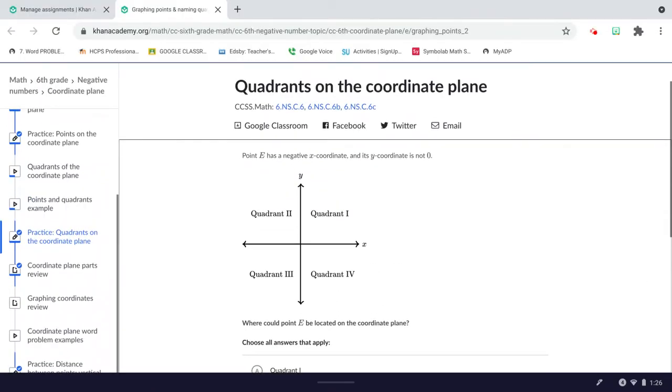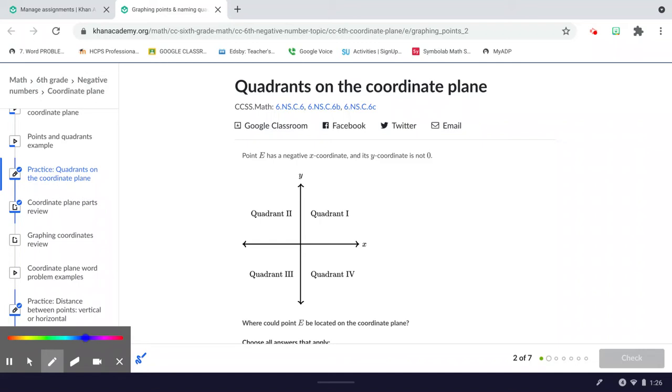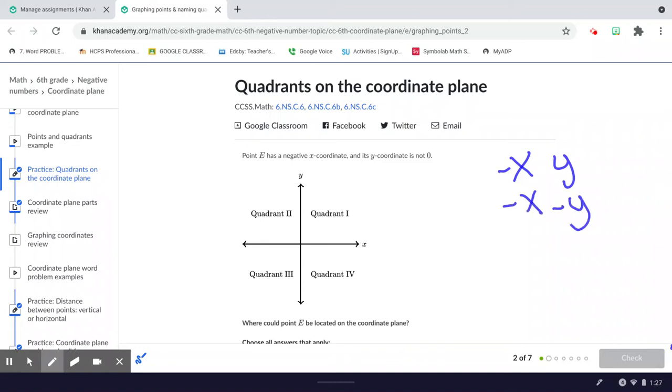On this one, it says point E has a negative x coordinate, and its y coordinate is not 0. So my y coordinate could be positive, or my y coordinate could be negative. But I know that my x coordinate has to be negative.